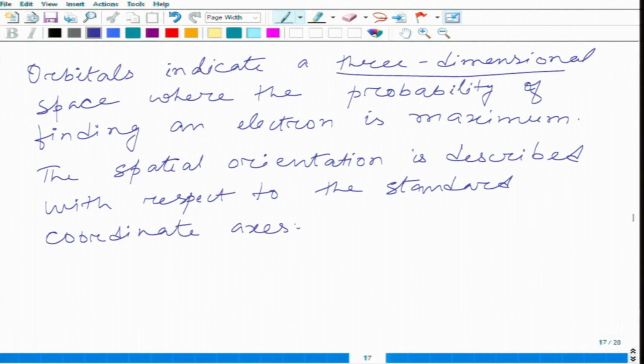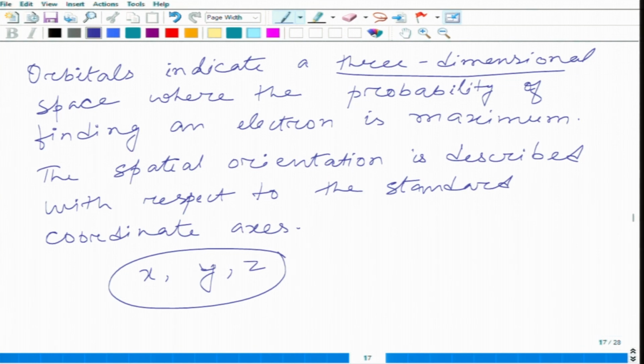Okay. So, there are three coordinate axes, x, y and z. With respect to these three coordinate axes, we will describe the probability of finding an electron in a 3D space.